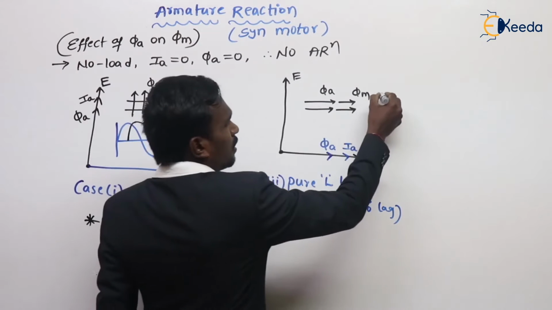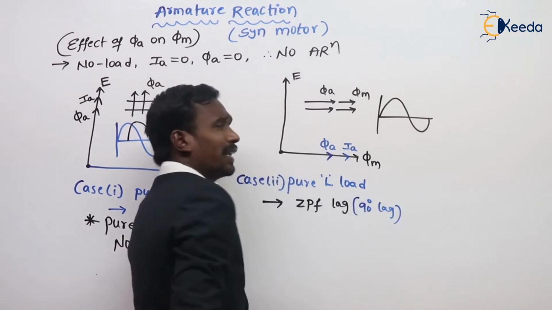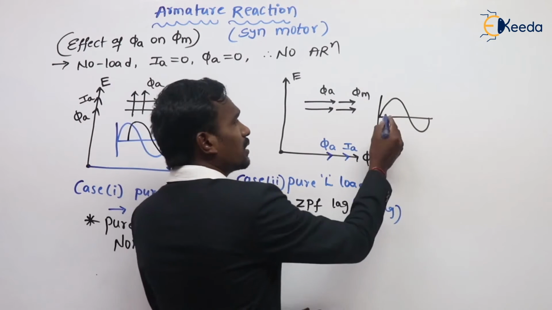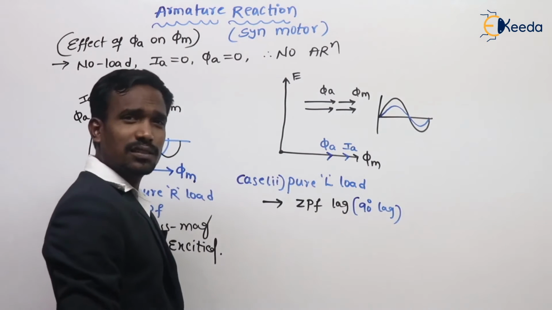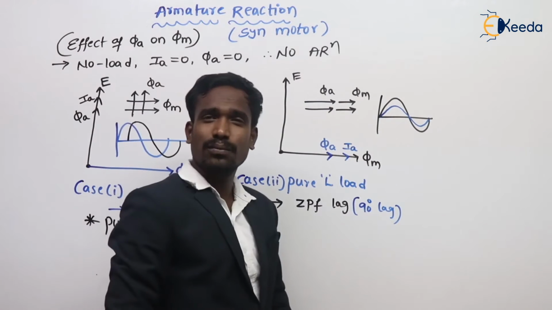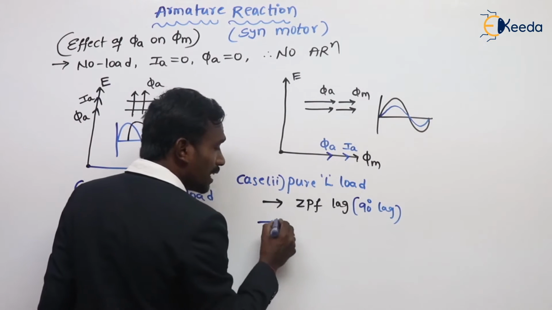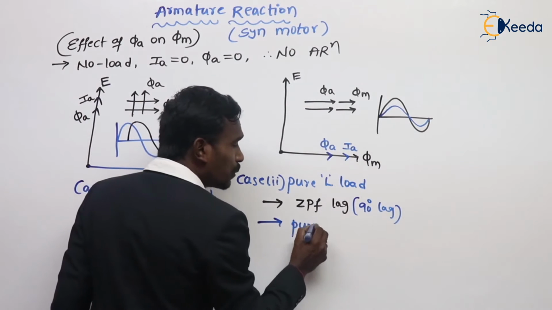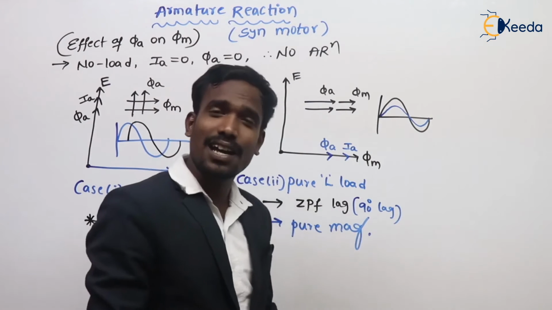For example, this is the main field flux and the armature flux is also in the same phase. Hence, this is a pure magnetization effect of armature reaction.